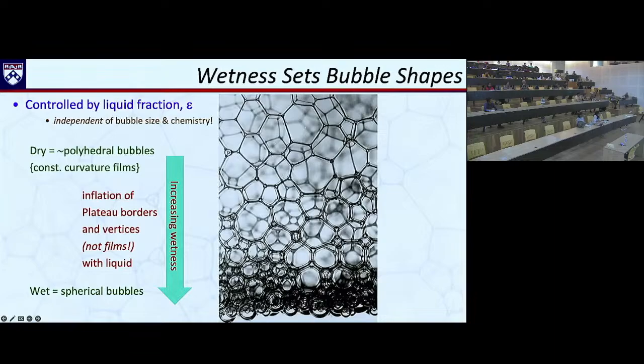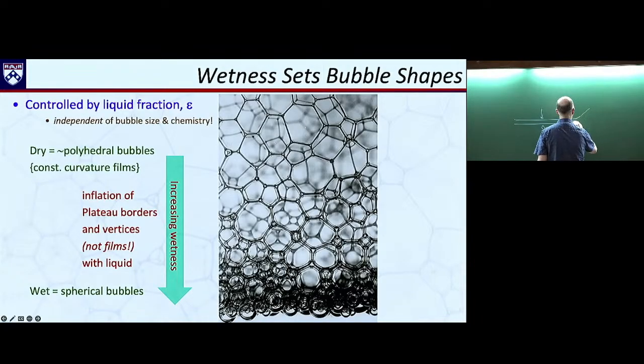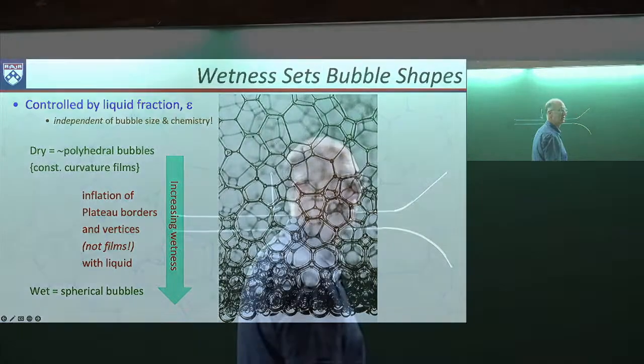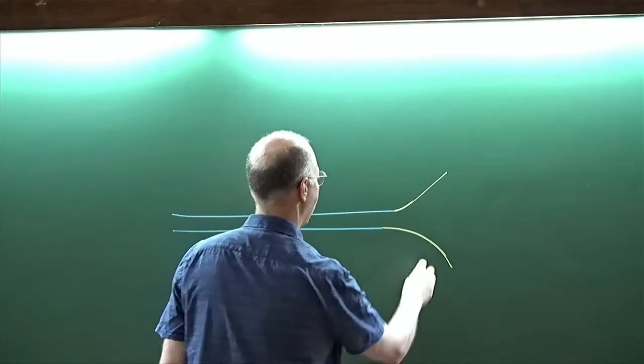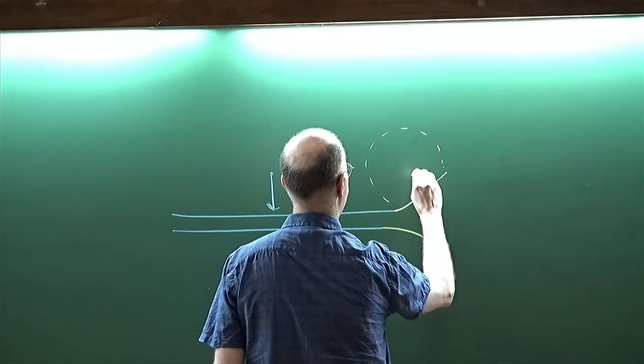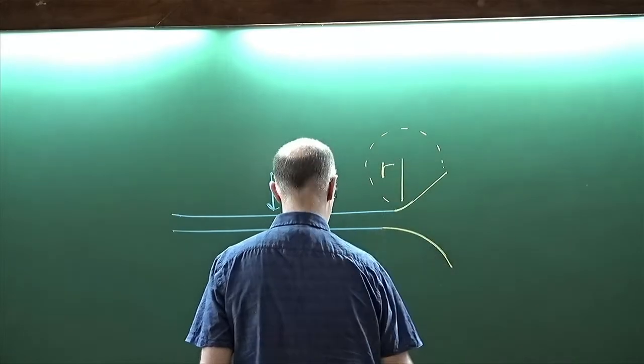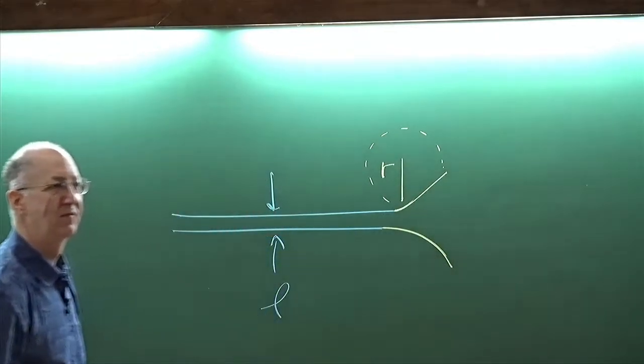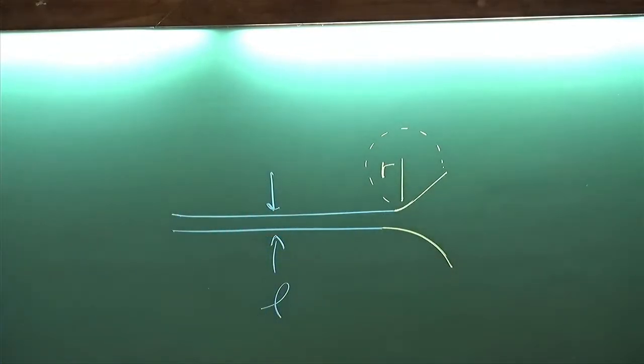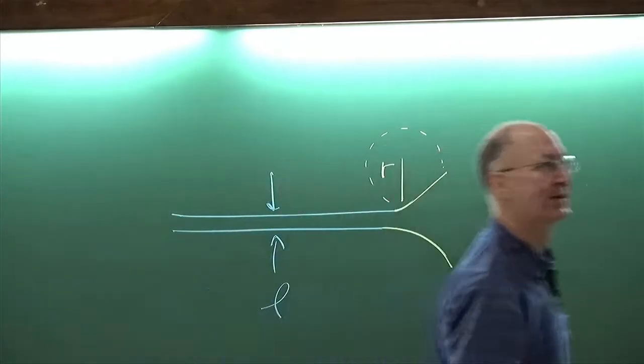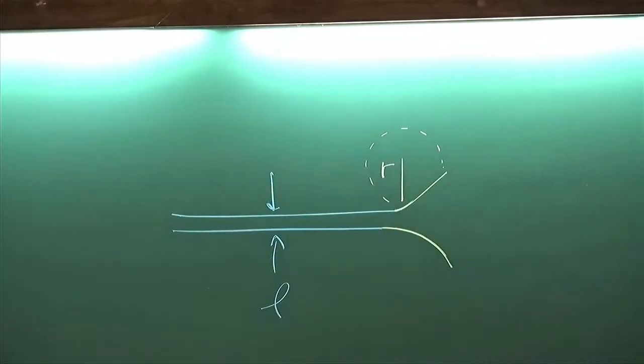It's got some small thickness L, and this will flare into a plateau border on each side. Right, right. Okay. And I guess when that starts depends on there's some kind of radius, yeah. And that depends on wetness and stuff. That depends on wetness, and we'll tell you all about how that works. So, very important. It's a new length scale in the problem. Very important. All right.